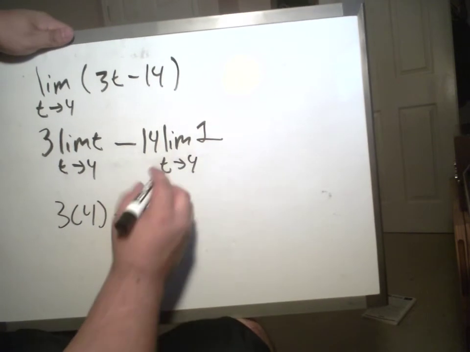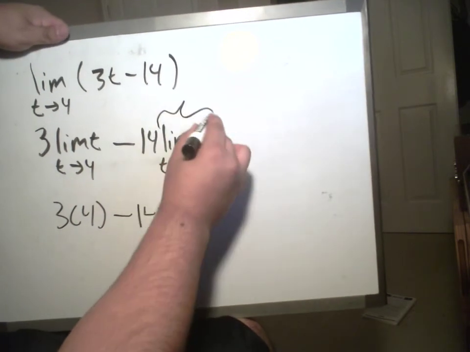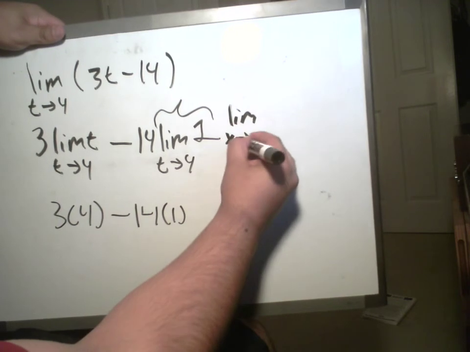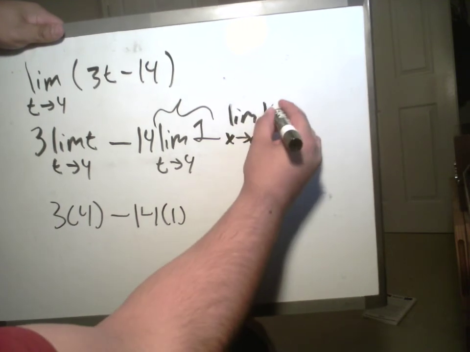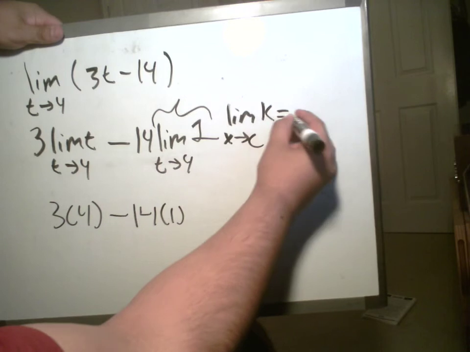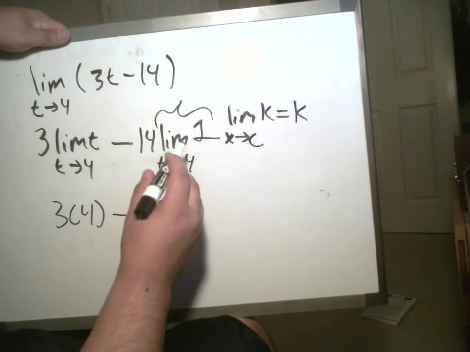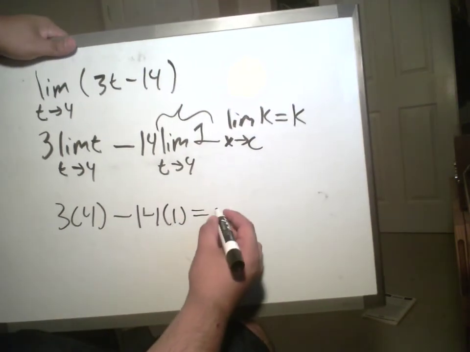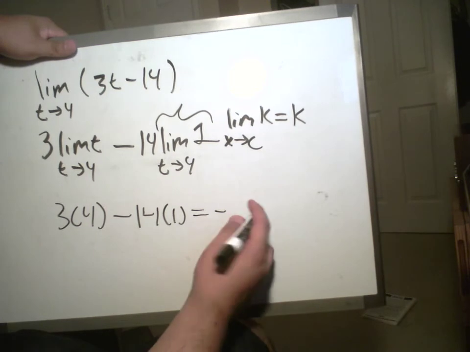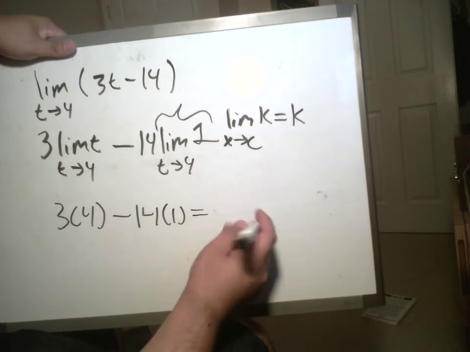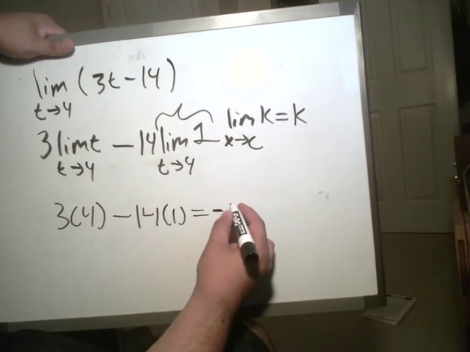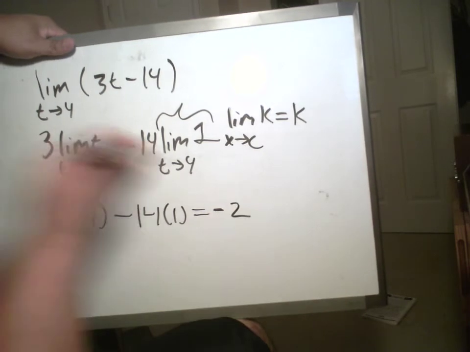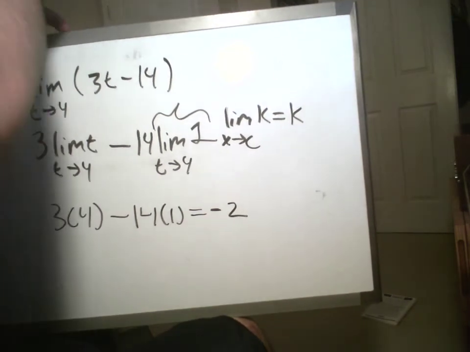Because remember, on this expression right here, the limit as x goes to some constant c of k, which is some constant as well, is just going to equal k. And this one's just going to equal minus 2, I believe. That's going to be that limit.